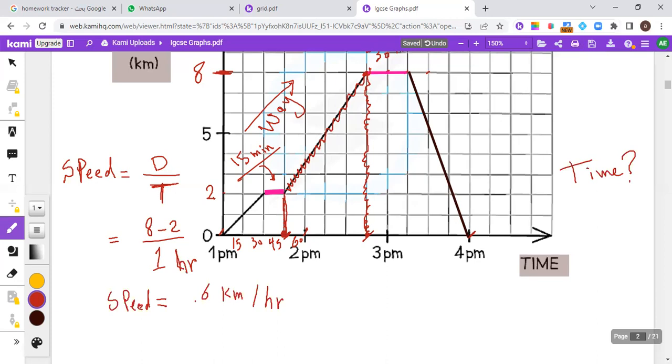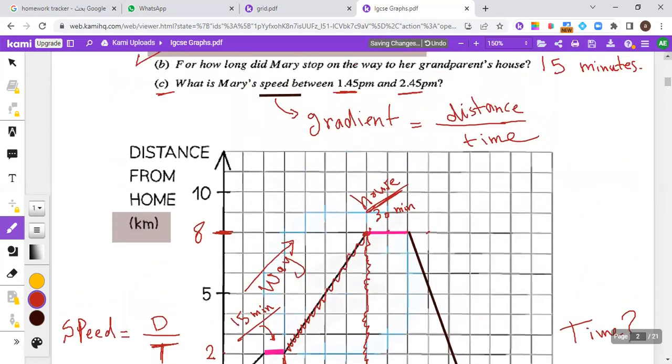It says I need to find from 1.45 p.m. to 2.45 p.m. What is the difference between them? 1 hour, yes? The difference is 1 hour. You got it? Yes, sir. Thanks.